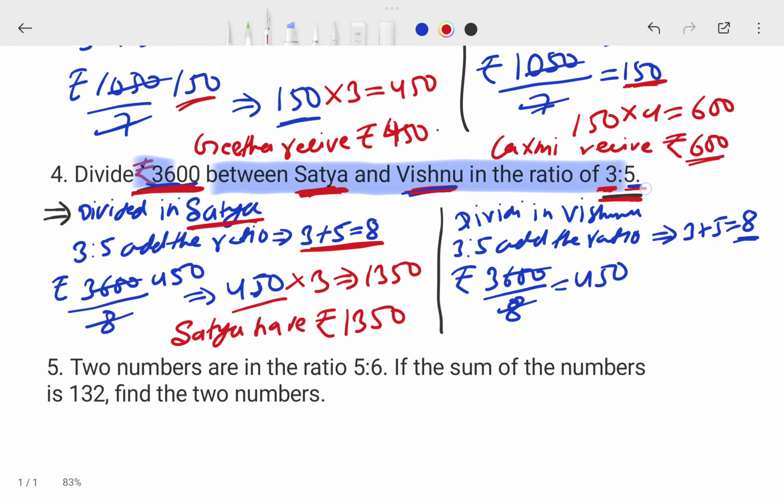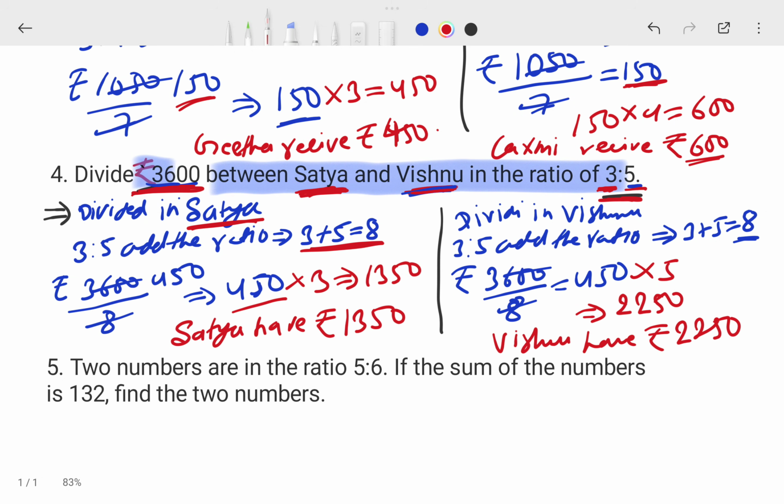The value of Vishnu is 5, so now multiply by 5. If you multiply by 5, your answer is going to be 2250. So Vishnu has 2250 rupees.